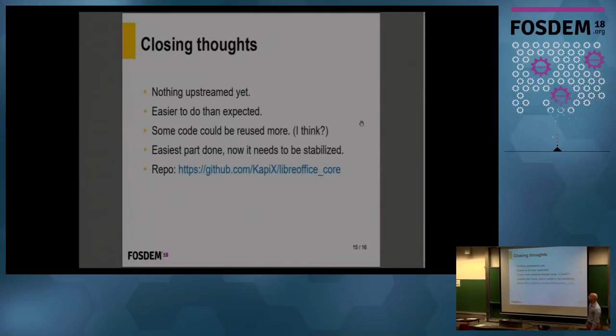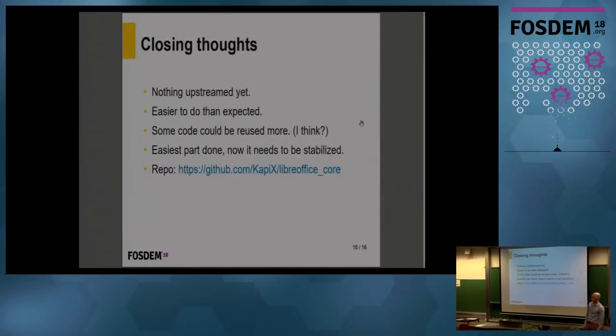Some code could be reused more, I think, because, for example, the SAL bitmap is just code from the Windows layer copied almost verbatim with only the system functions changed. And I think the easiest part is done.